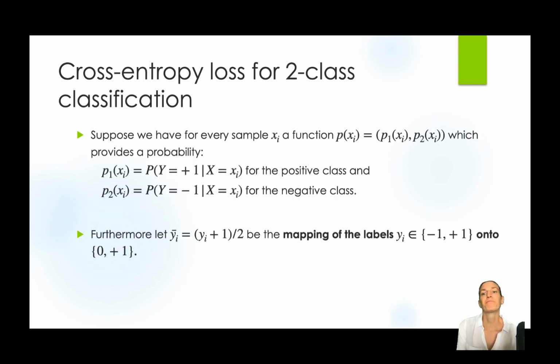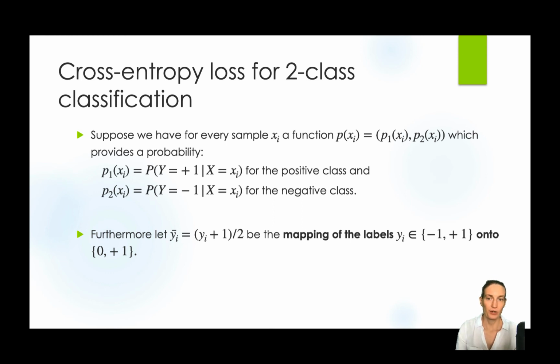Now, if we're training this model, we can make use of the cross entropy. How do we do that? So suppose we have a sample xi. Suppose we have for every sample xi a function p of xi, which provides a probability that tells us that it either belongs to class +1 or class -1.